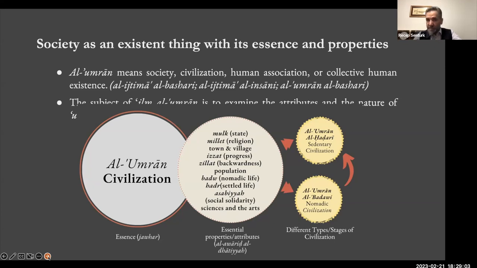So politics, economics, religion, geography, and the urban or nomadic life, and the solidarity, sciences and arts. These attributes always exist with any civilization, any society, but in different ways, and they change.